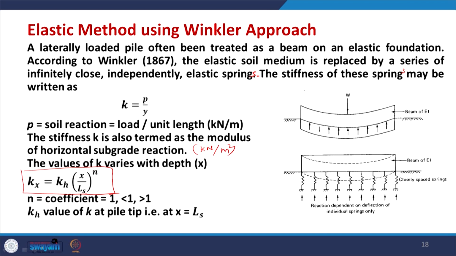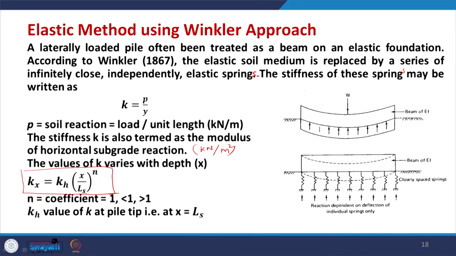In some cases n may be 0, so it may be 0 to 1, and on the higher side it could be 1.5 or so, but more than 2 should not be considered. So, basically the range of n may be between 0 and 2, but in most cases it will be around 1. The value of n depends on the type of soil. Kh is the value of K at the pile tip, at x equal to Ls.